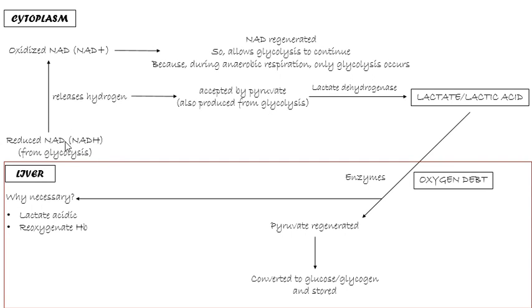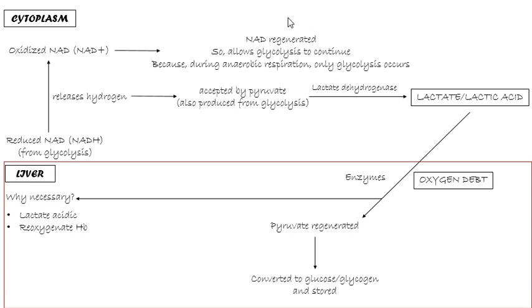Therefore, when NADH releases hydrogen, it becomes oxidized and forms NAD+. In other words, we can say NAD is regenerated because the original form of the NAD coenzyme, which is NAD+, is produced as a result of the oxidation of reduced NAD or NADH.